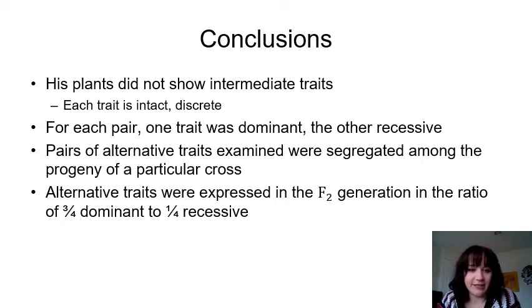Also, the alternative traits, or these heterozygous plants, were revealed or demonstrated in the 2nd generation. When they incross the 1st generation, they show that 1/4 of those are recessive. We've got that 3 to 1 ratio.